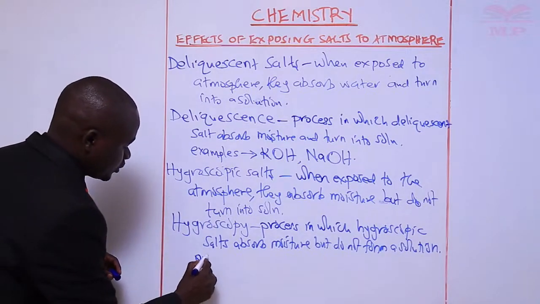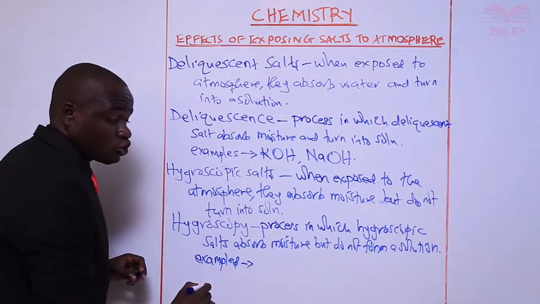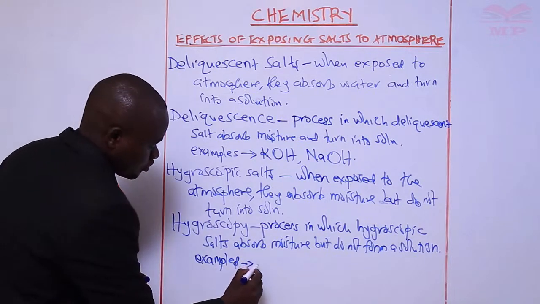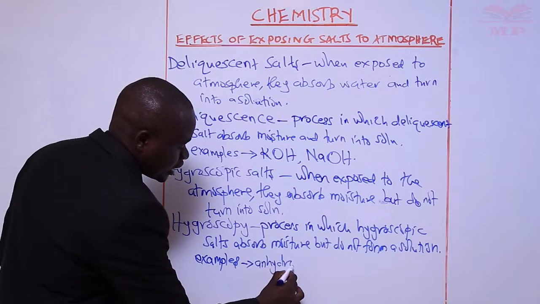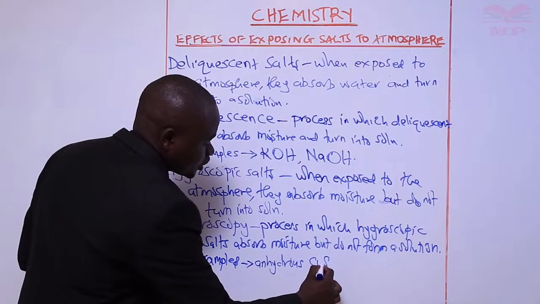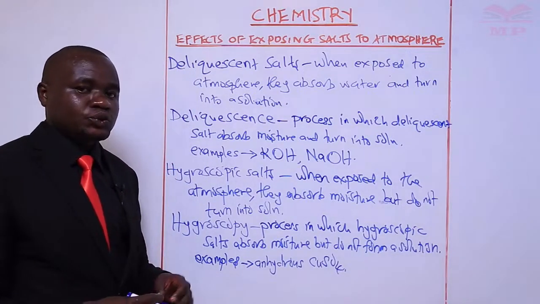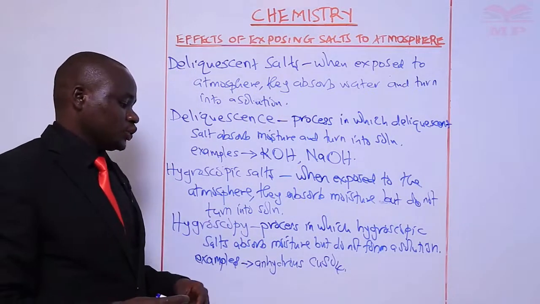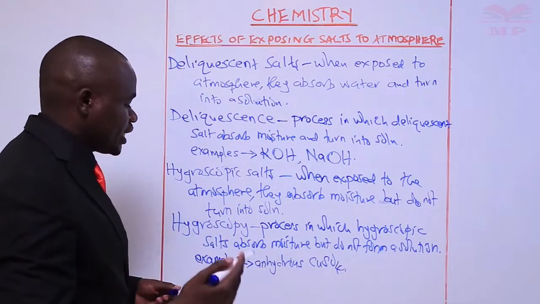Some examples of hygroscopic salts, we have anhydrous copper 2 sulfate. When anhydrous copper sulfate is exposed to the air, it will absorb moisture but will not form a solution, but instead it will appear damp.